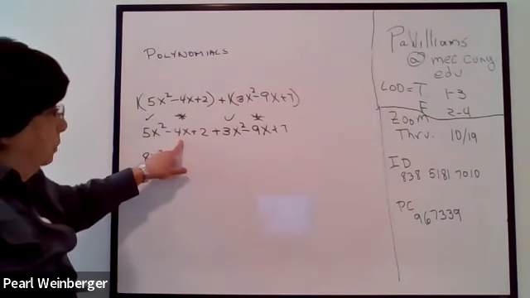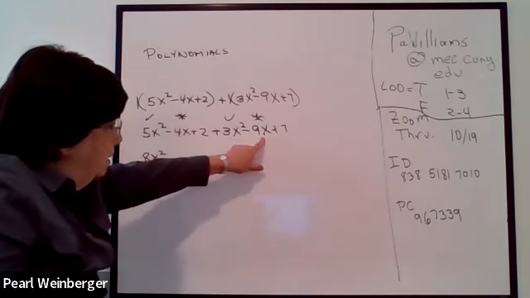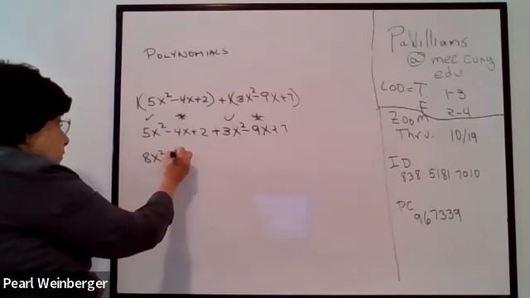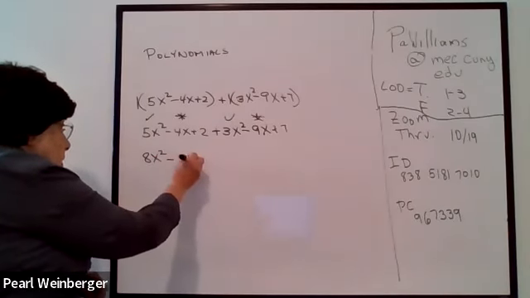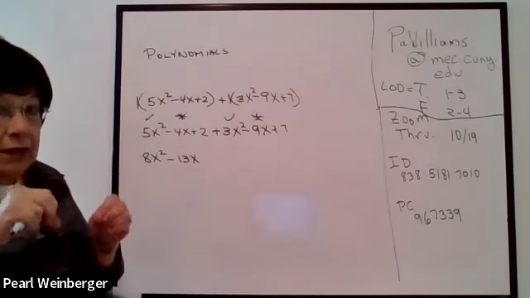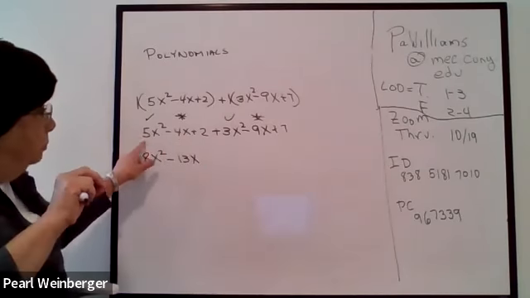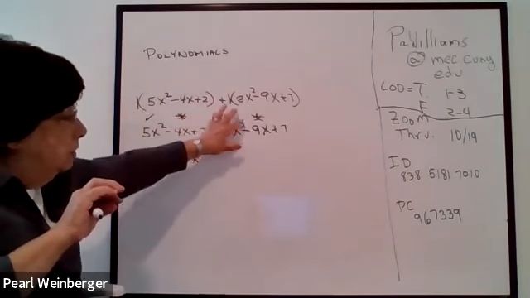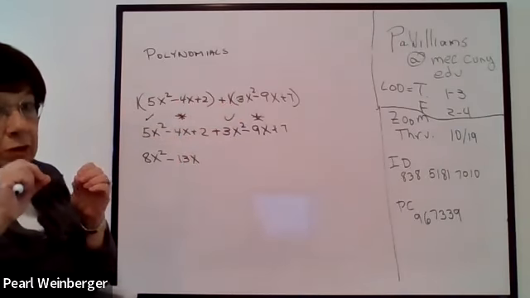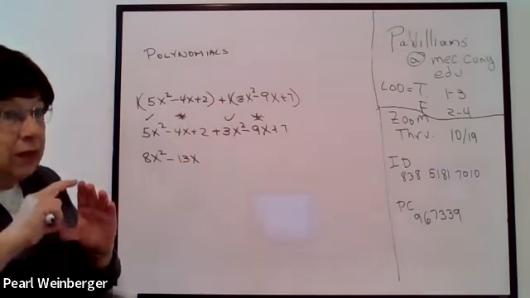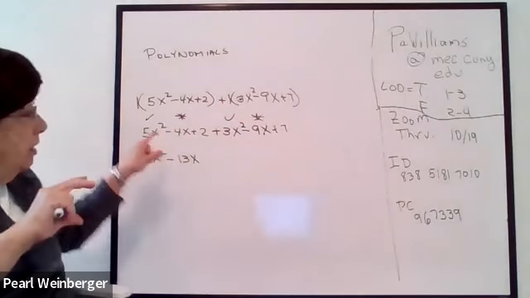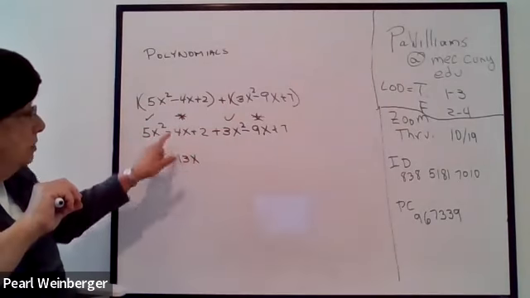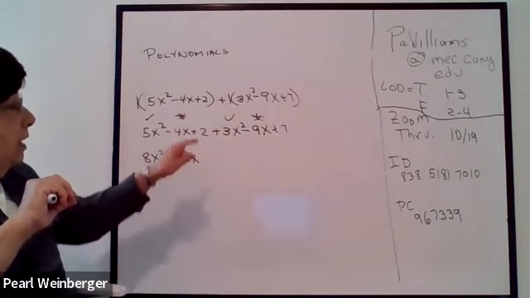So negative 4x and negative 9x together give me negative 13x. Notice when I'm combining, I just combine the numbers in the front. I leave the letters untouched. They're both going to have the same letter, and that's what it's going to stay. This is x squared, the answer is x squared. This is x, the answer has an x.